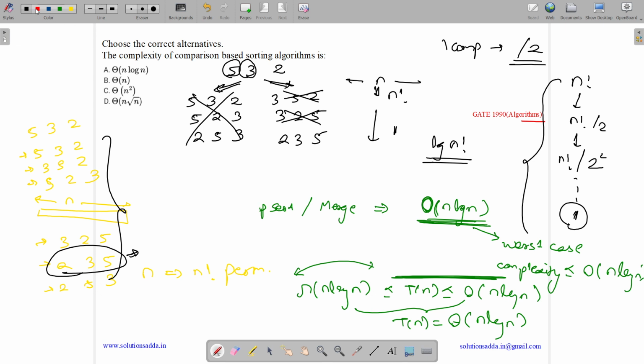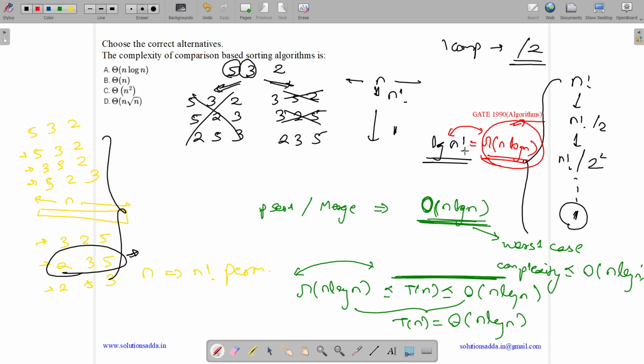And we can write log n factorial as omega of n log n. It's a standard result that log n factorial can be written as omega of n log n. Which means we have the complexity omega of n log n to find the sorted array.